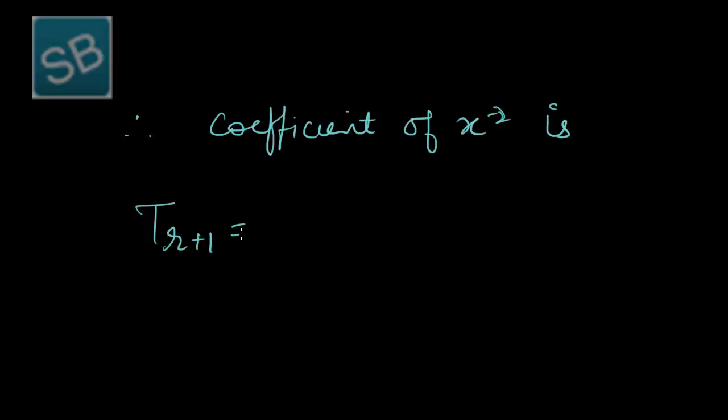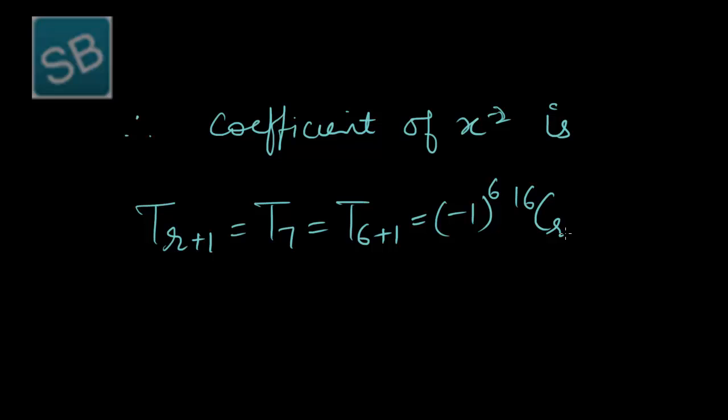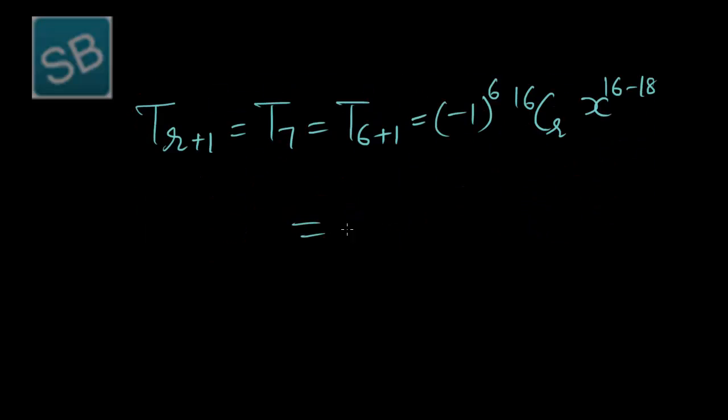Therefore the coefficient of x raised to minus 2 is from T of r plus 1, that is T of 7, that is 6 plus 1, equal to minus 1 raised to power 6, 16C6 x raised to power 16 minus 18, that is minus 1 raised to power 6, 16C6 x raised to minus 2.